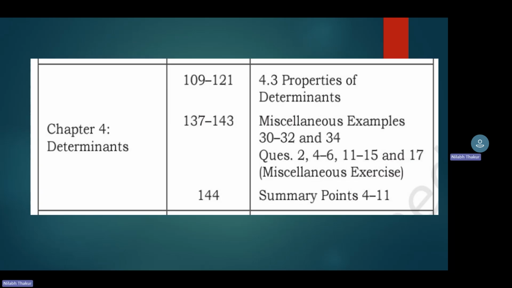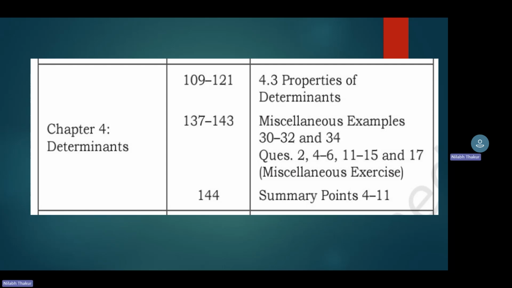Chapter number 4, determinant. You need not read the properties of the determinant given in page number 109 to 121 of the NCERT textbook. Miscellaneous example, question number 30, 31, 32, and 34.